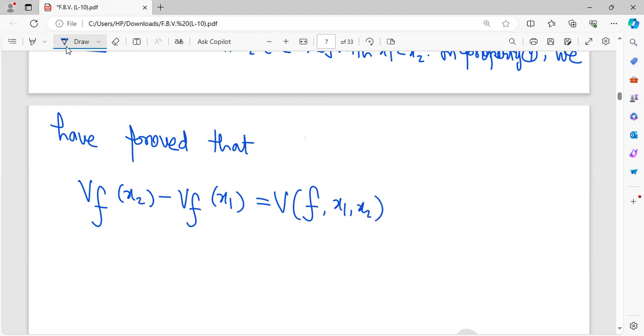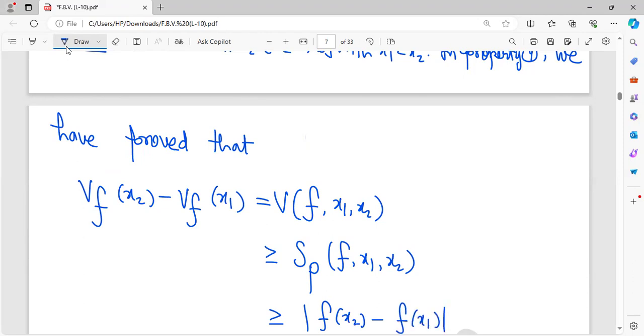Okay, we have proved it, but we know that this is less than or equal to the variation of f on [x1, x2], but the variation is always less than f(x2) minus f(x1).